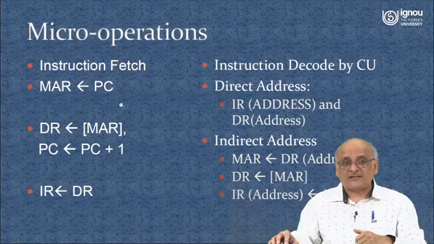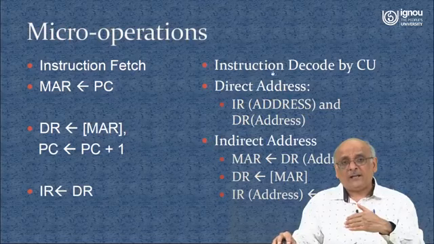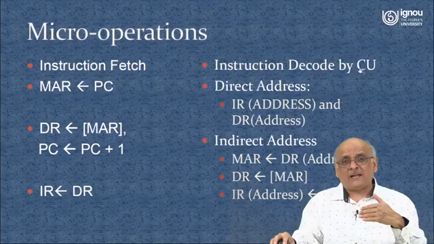Alright, so now that the instruction is in the instruction register, what is the next step of execution? The next step will be to decode this particular instruction, which will be done by the control unit. How is the decoding going to take place?